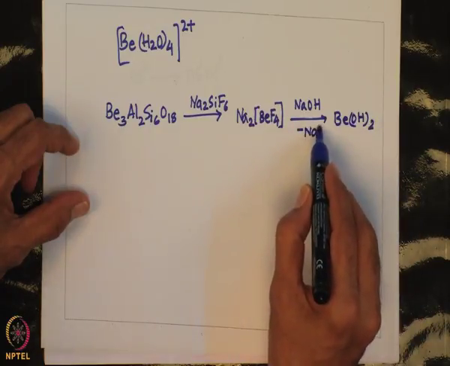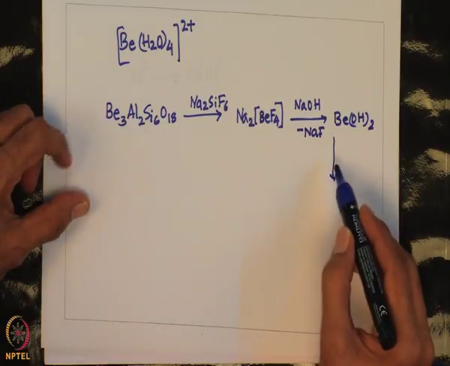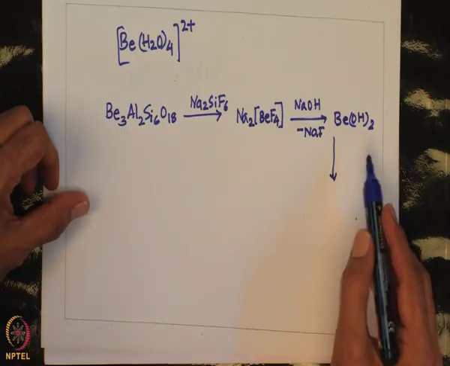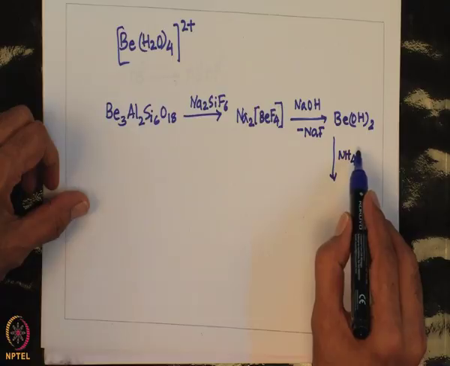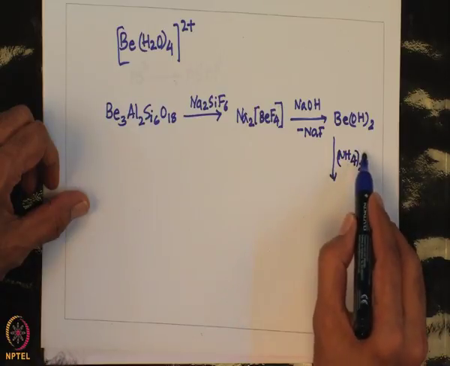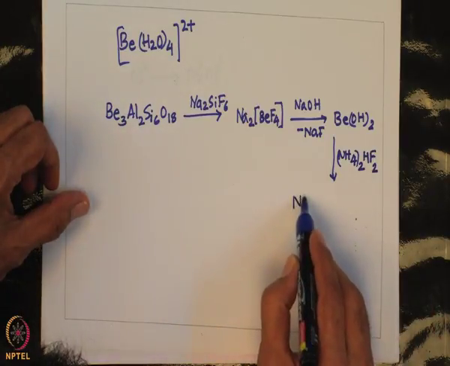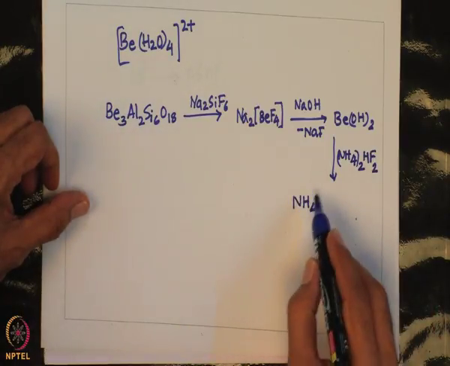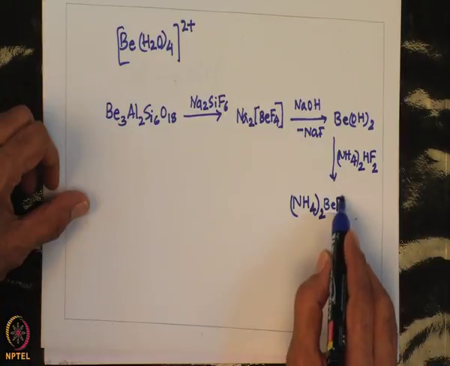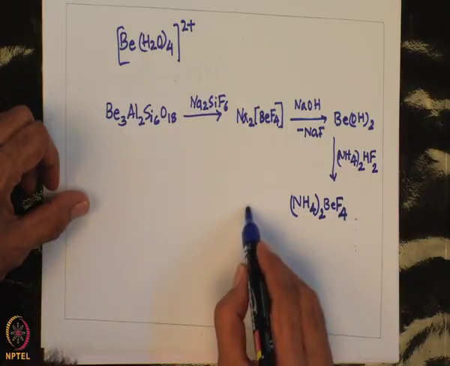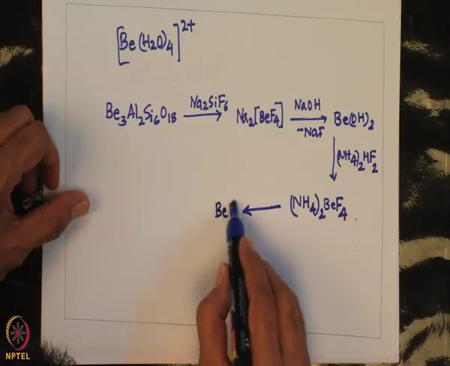Beryllium hydroxide, when treated with ammonium hydrogen difluoride, a very strong fluorinating agent, forms (NH4)2BeF4, from which one can get BeF2 simply by heating.